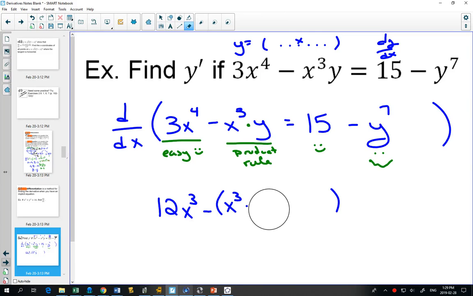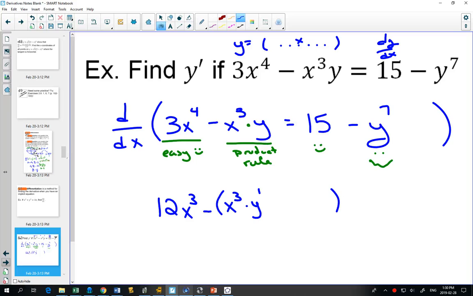Now, technically, if you just did the derivative regular, what's the derivative of just x? You would get 1. But every time that we have a y, we have to do the chain rule, and then afterwards, you'd have to multiply by y prime. I think in this situation, it's just easy to say the derivative of y is the derivative of y, because that's what we're looking for.